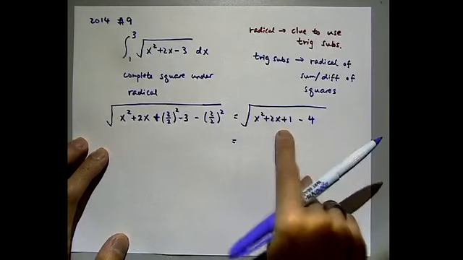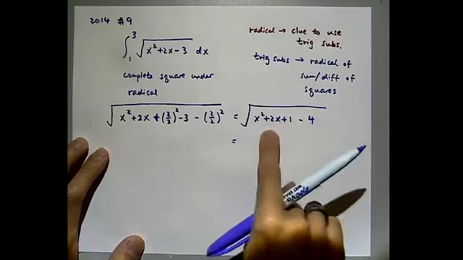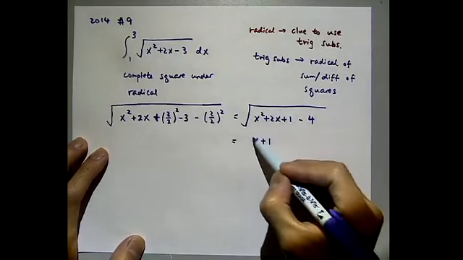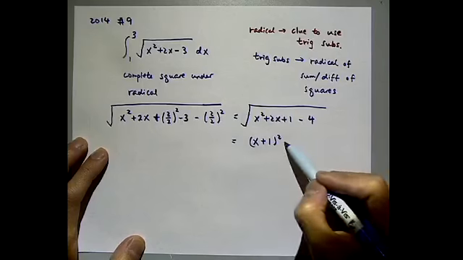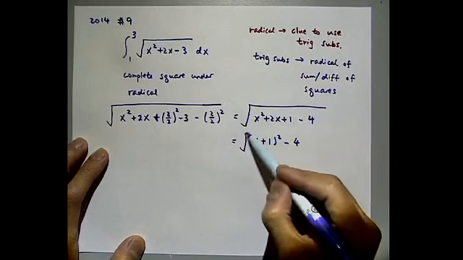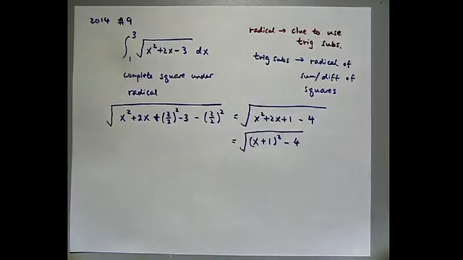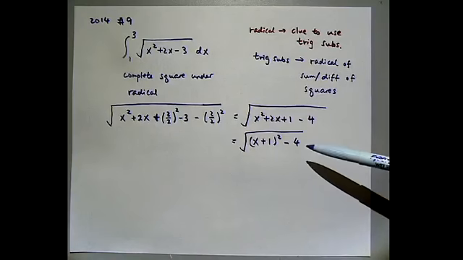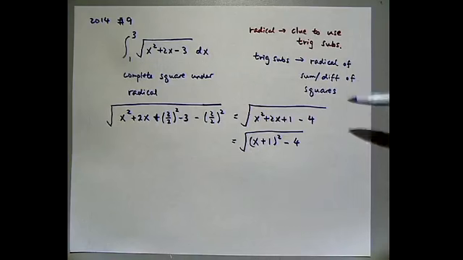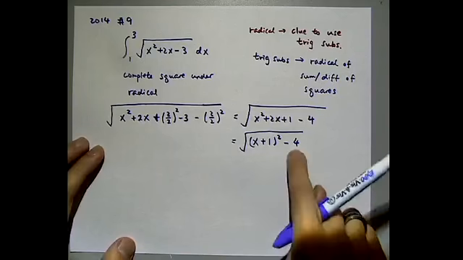And now we've got x squared plus 2x plus 1. That's a perfect square. x plus 1, the quantity squared. And then 4 here, that's 2 squared. And even if that's not a nice number like 4, we can still deal with that. But we need to have a difference of squares or sum of squares before we can do our trig substitution. Okay? So this is what we're integrating here.